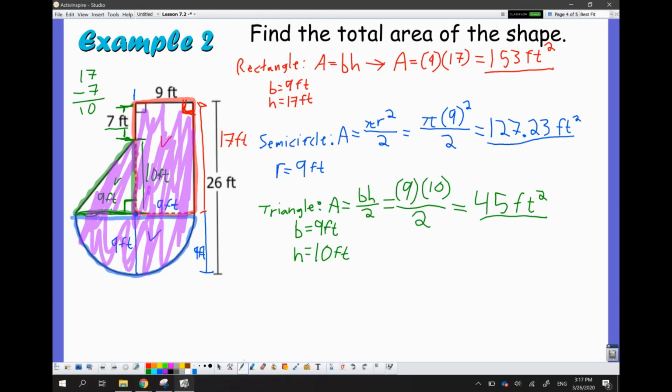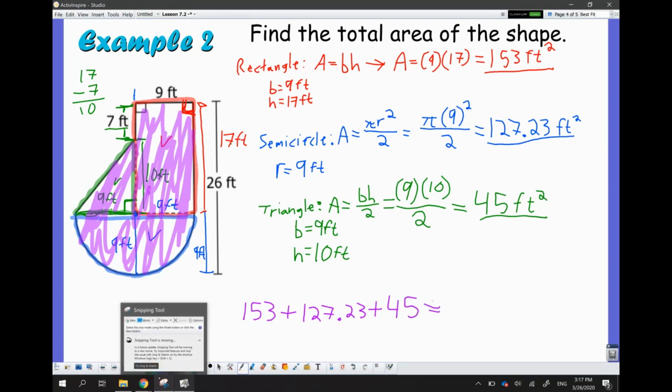So I'm going to write 153 plus 127.23 plus 45. If I add all those together, I'm going to go to my calculator.